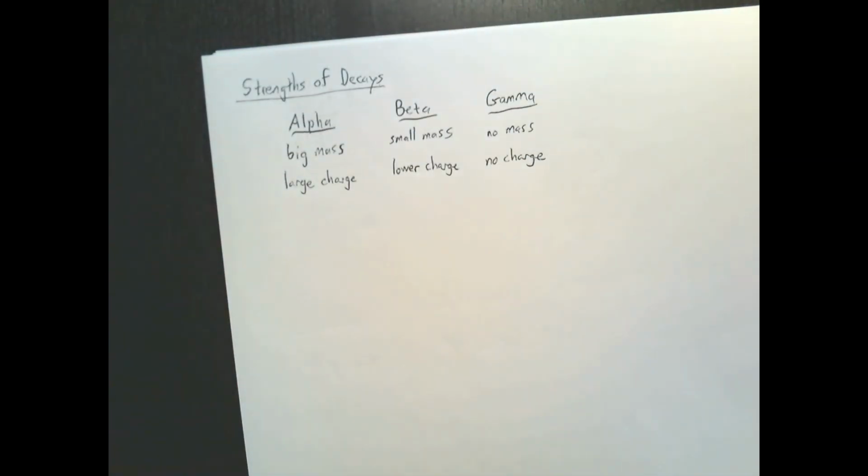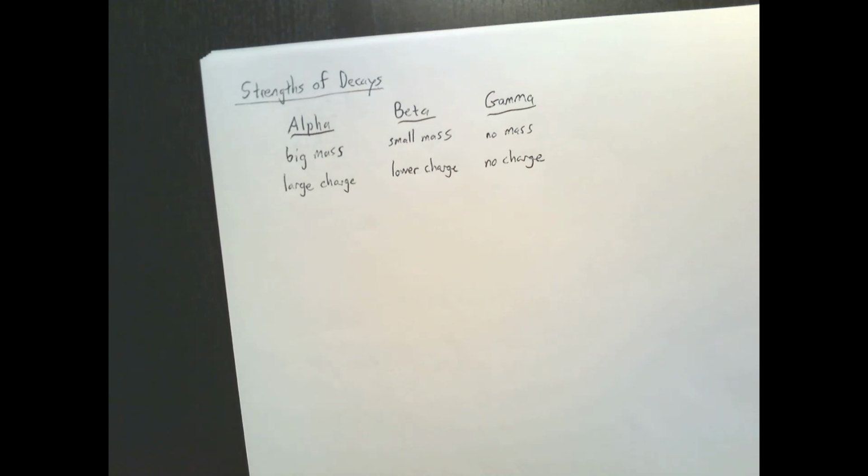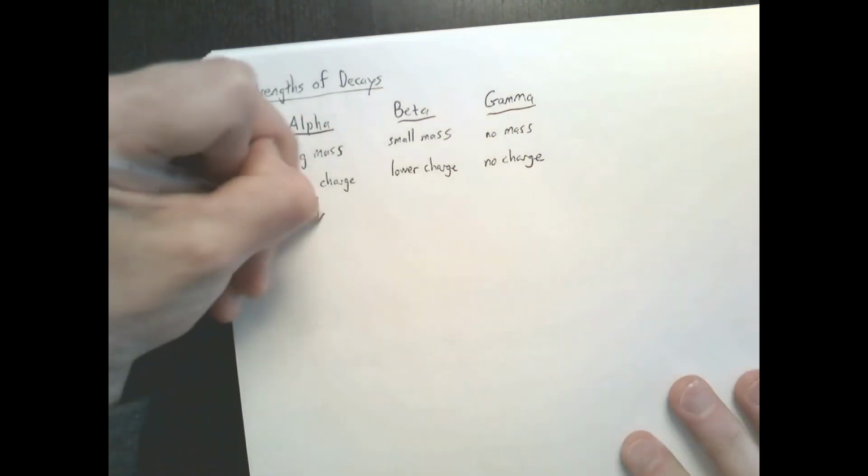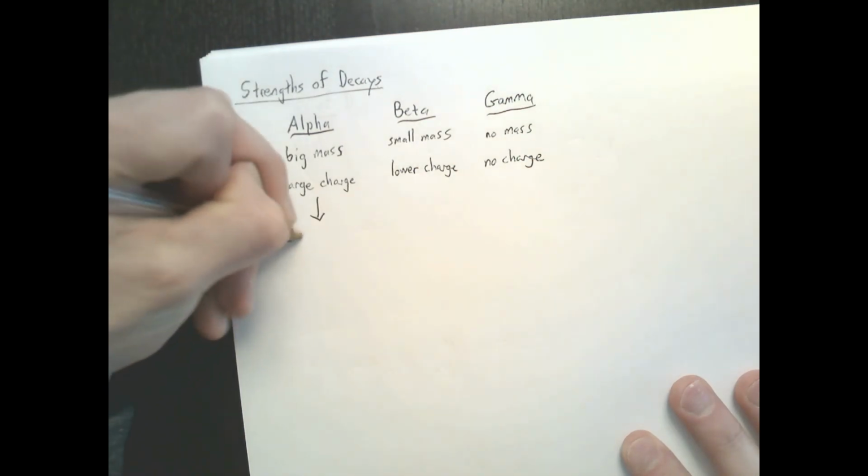And so it turns out that alpha particles are the easiest to block. They're blocky, so they interact with matter more readily. They have a lot of charge, so they interact by the electrostatic force more readily. And these have weakest penetrating power.